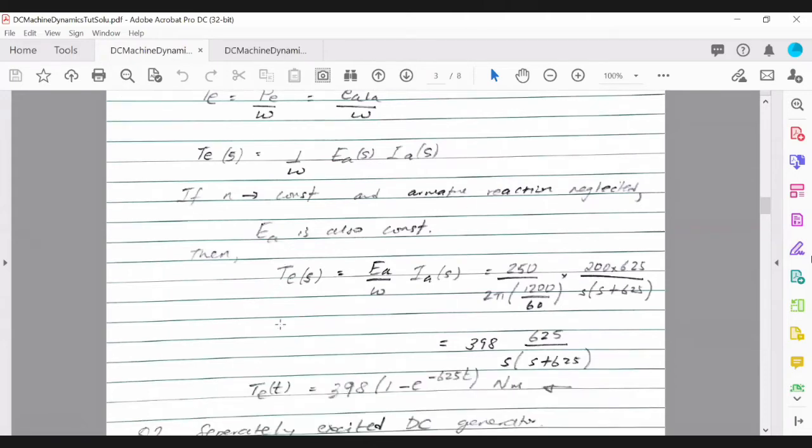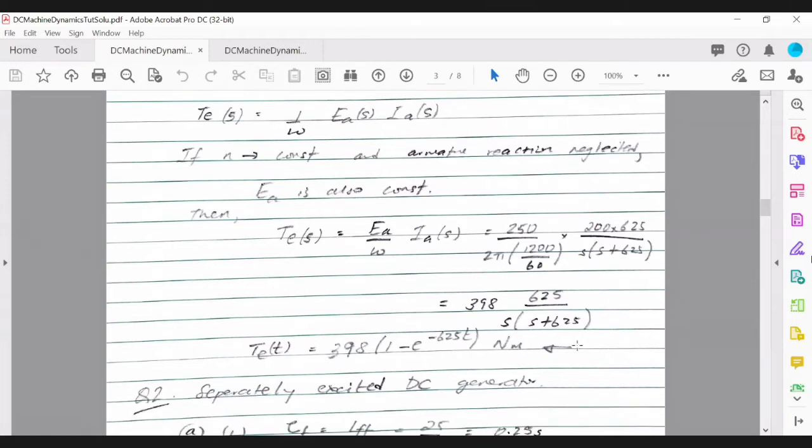So when we solve for this term here, which is your electrical torque in the S domain, we will use the voltage as 250, and omega you need to work out. That's 2 pi 1200 over 60, right? That gives you the angular speed of the machine, omega, and the IAS term is substituted here.